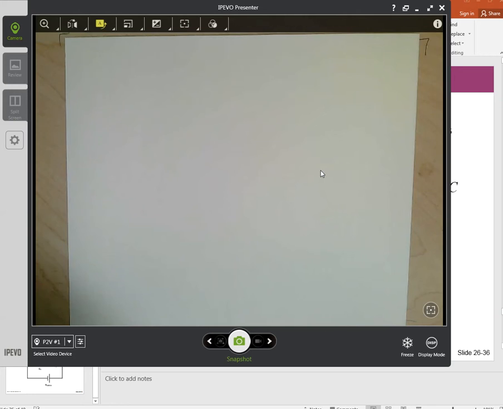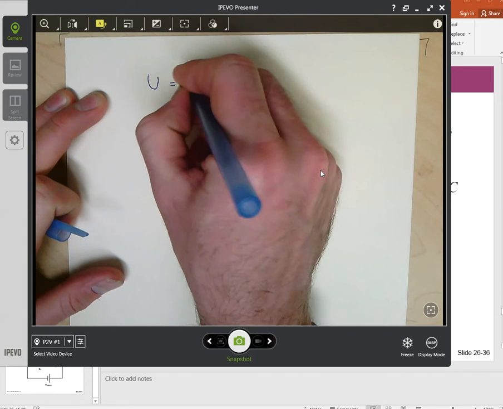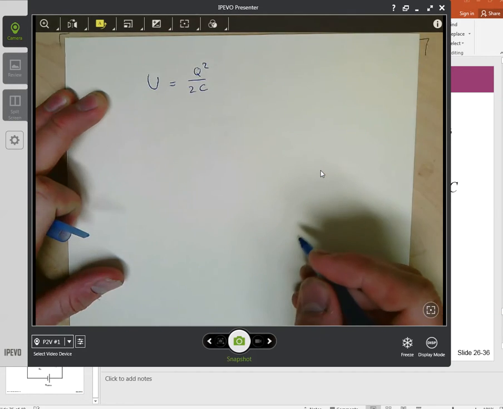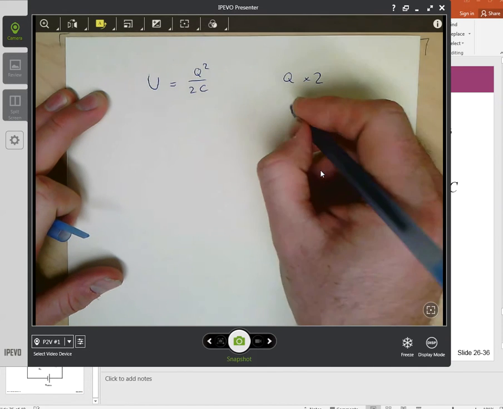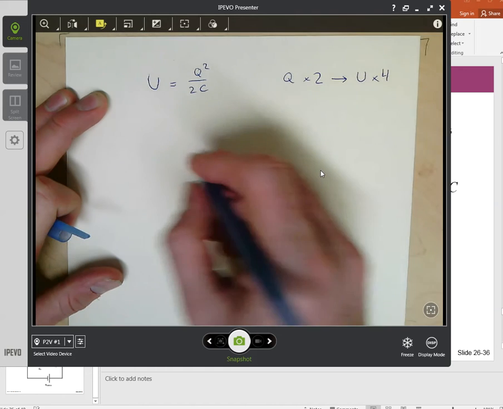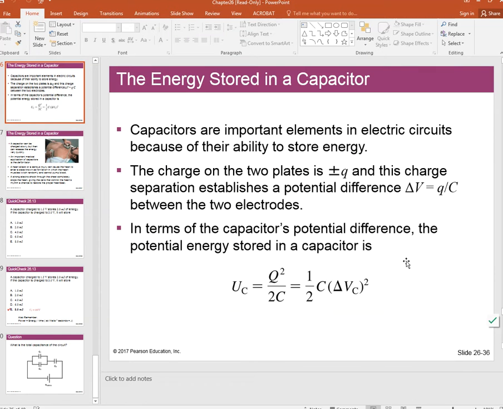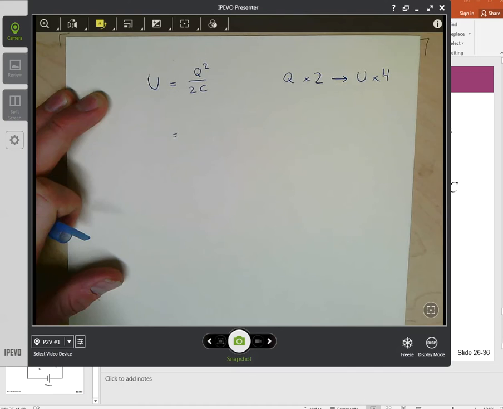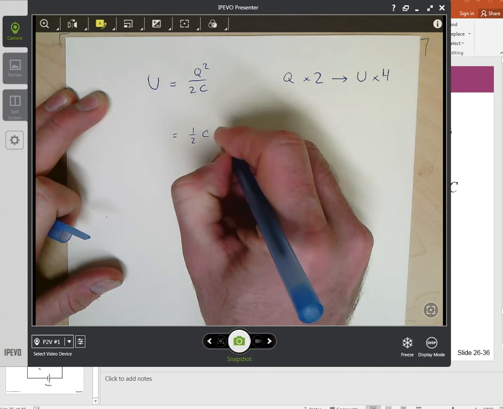So by that logic, if the amount of energy stored in a capacitor is Q squared over 2C, you could also say that if I multiply the charge by 2, the energy stored would be multiplied by 4. Similarly, our other definition is one half C times delta V squared.